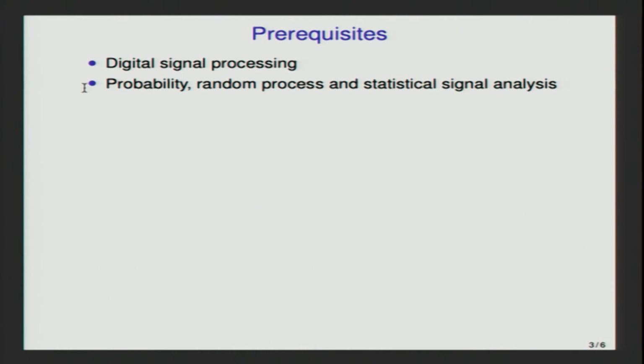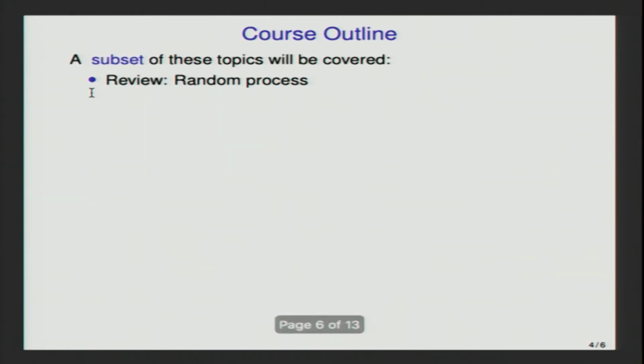As we go along, we will understand better how these random processes play a key role in analyzing and understanding adaptive systems. With that prerequisites, what we intend to cover in this course is outlined here.